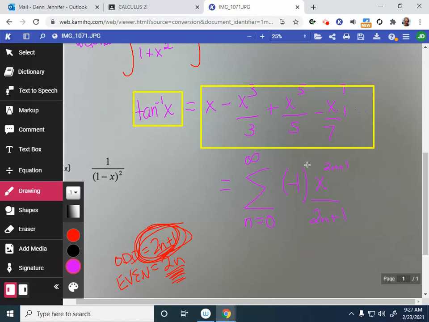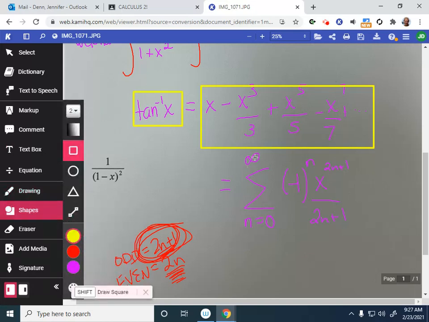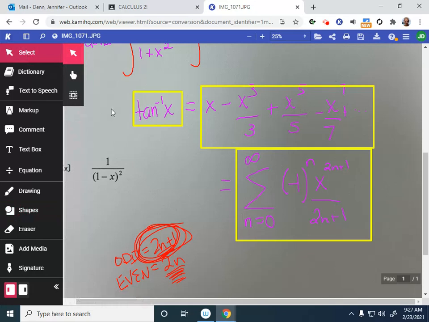And then my power of the alternator can just be n, because I want the first term to be positive, which it will be if I start at 0, and the next term to be negative, which it will be because my next term will be n equals 1. So now this is the general term. If you understood everything I just said, that's great. You're in a great spot.